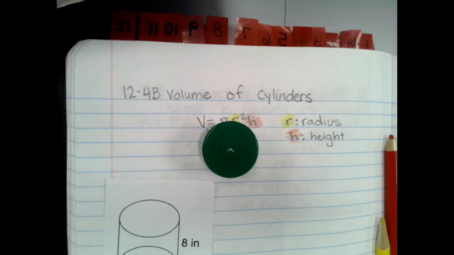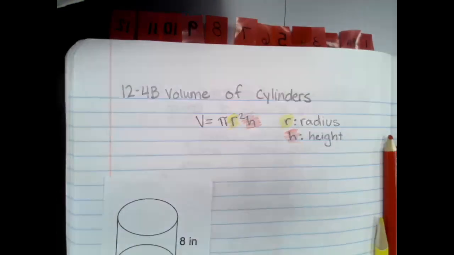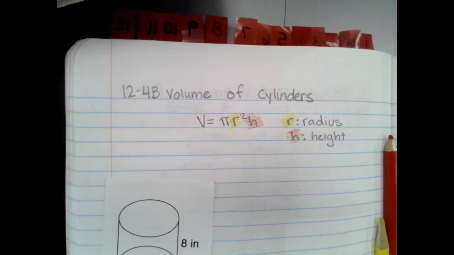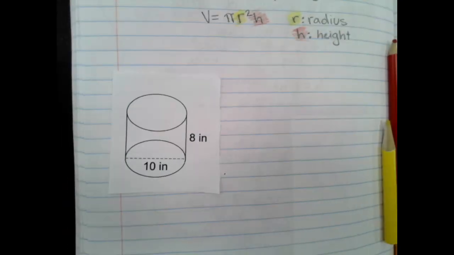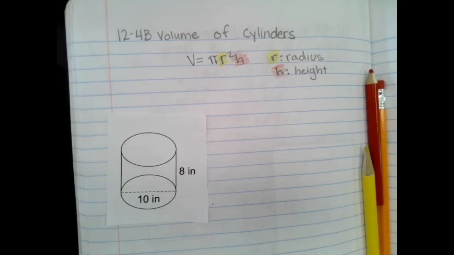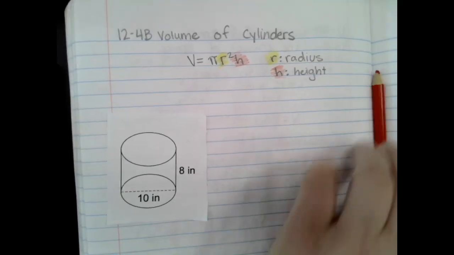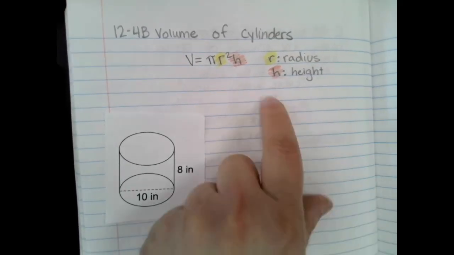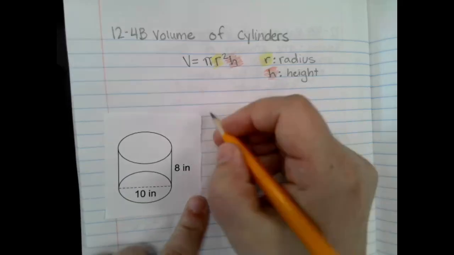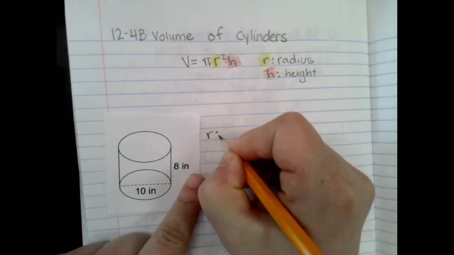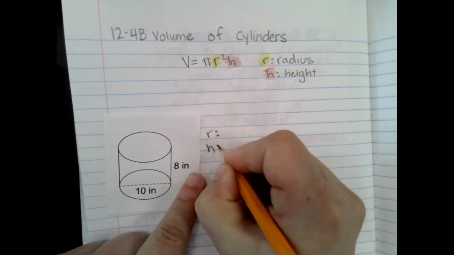Alright, so two things that we need for this one. The two variables we're searching for are the r and the h.